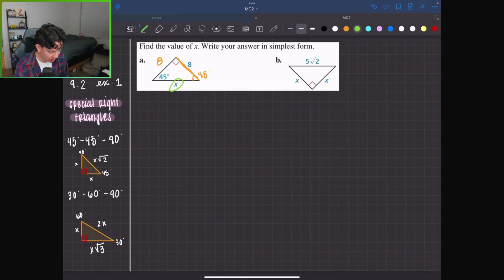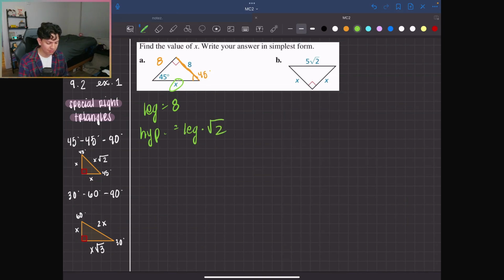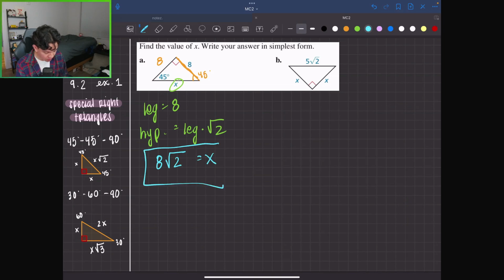So if the length of our leg equals 8, and our hypotenuse is leg times root 2, then the hypotenuse is just going to be 8 times root 2, or 8 root 2. Cool. Very simple for that one.